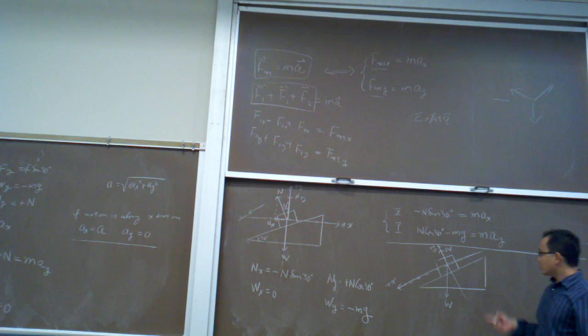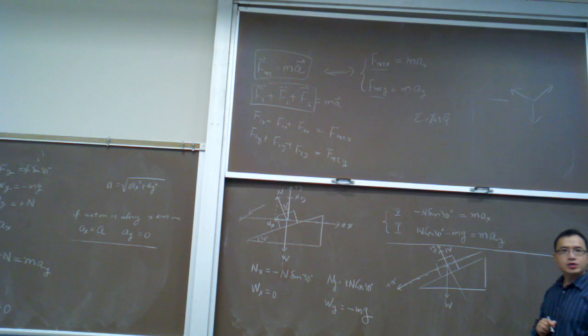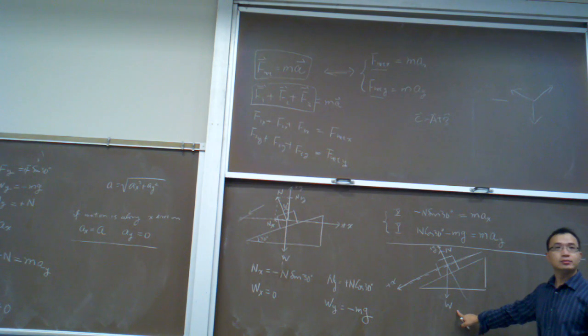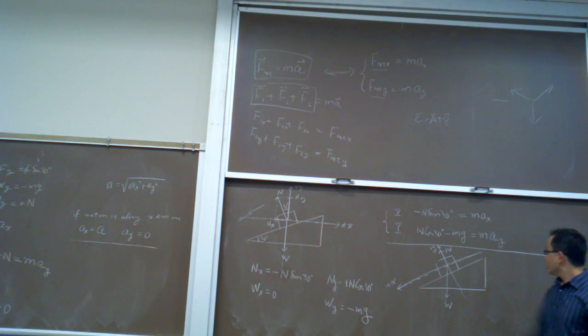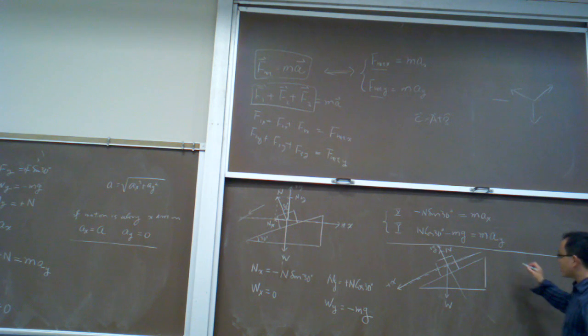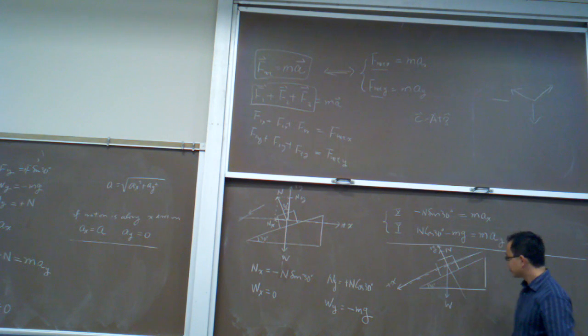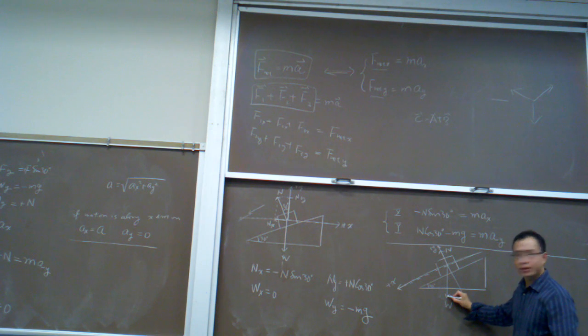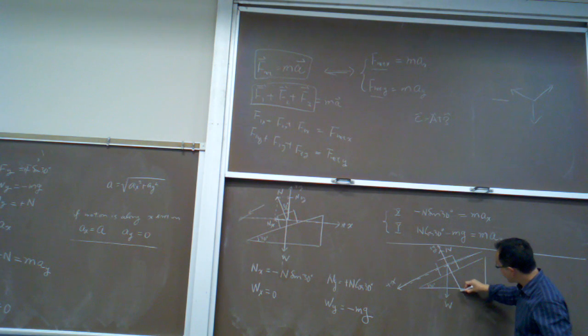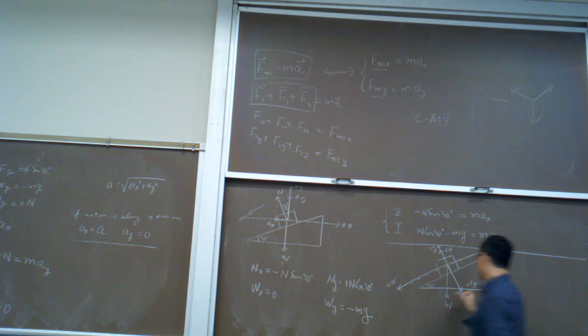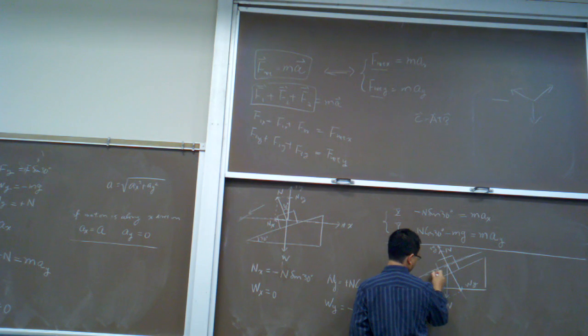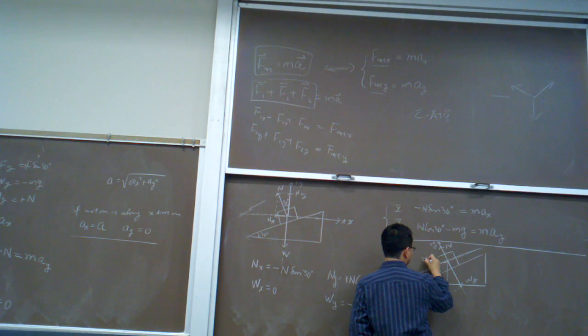Okay? So in this case, you can see the force that has to be decomposed is W, not N, right? So when you decompose the force, you get this is 30 degrees. You want to decompose W, so you get this is Wy, and this is Wx.